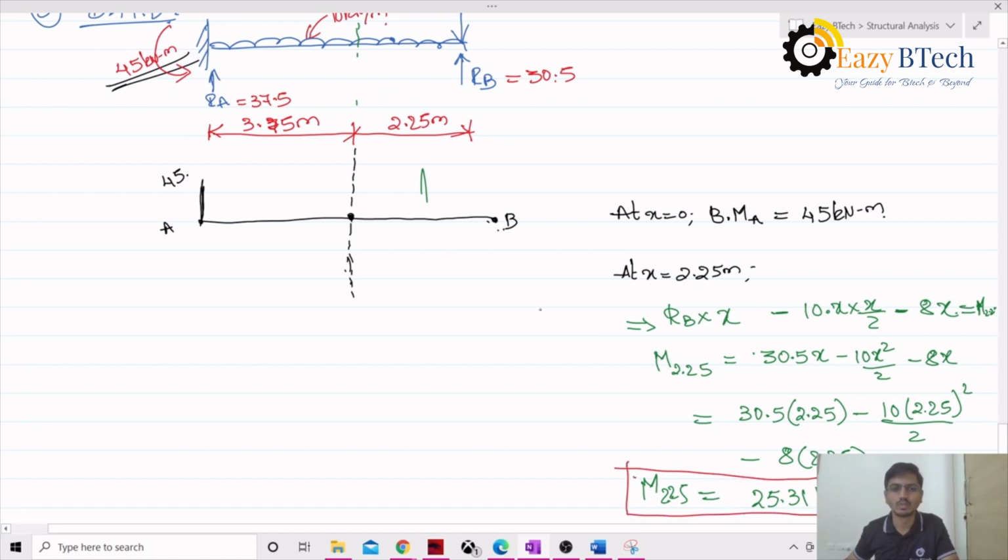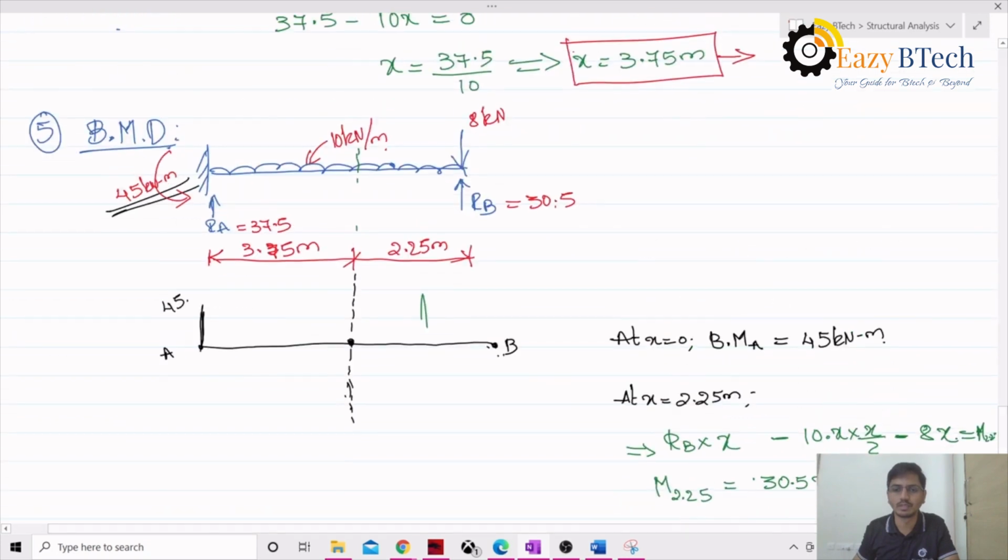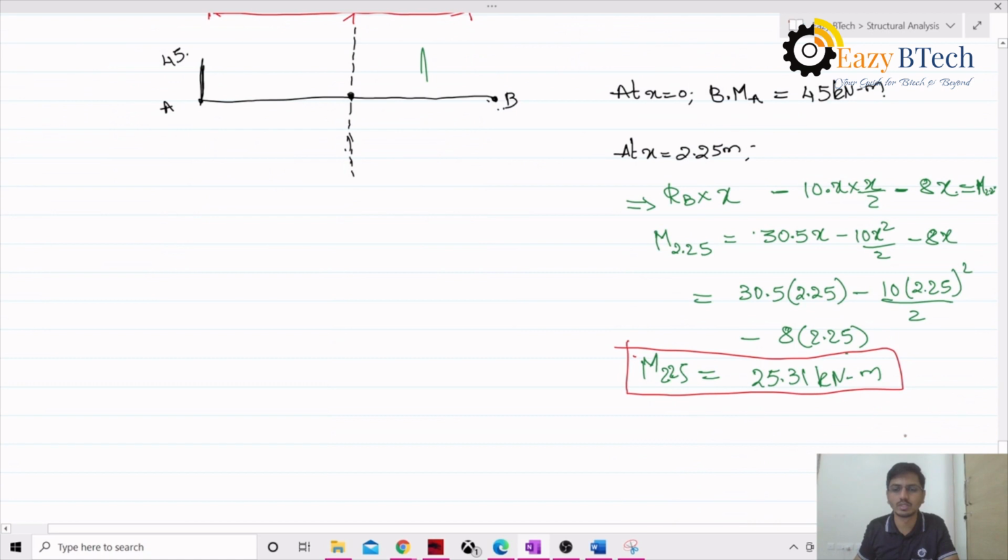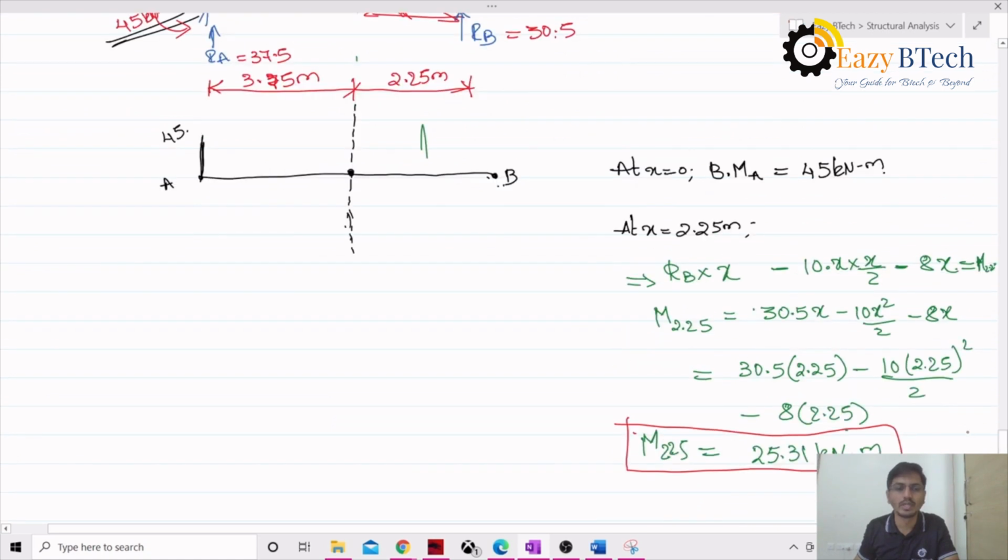Okay, so this is how we need to get the moment. We took all the forces on the right hand side. I consider this as my x, and in terms of x we substitute 2.25. So this is the value we have got. Now for UDL we already know the bending moment is a parabolic curve. We know this is 45 here.